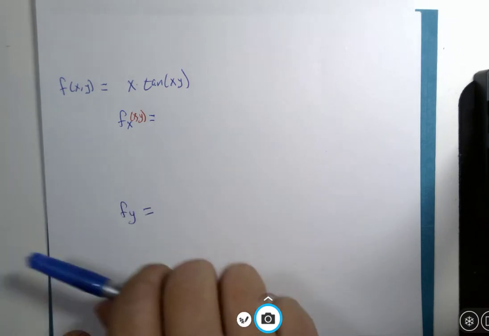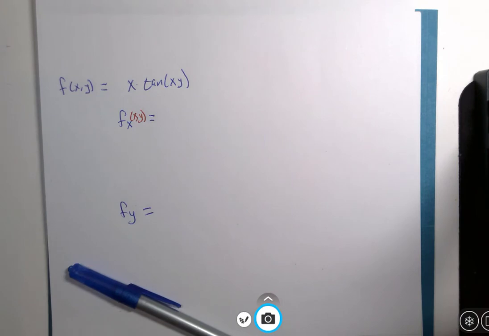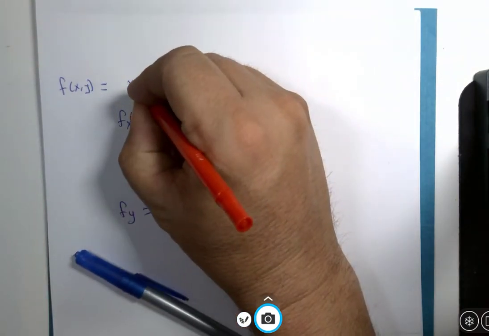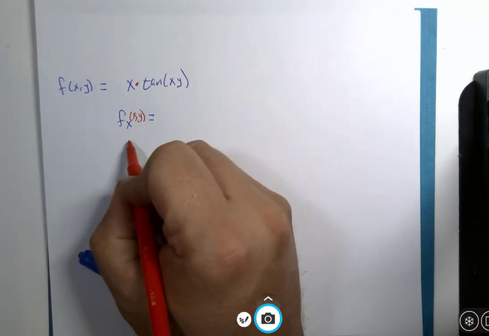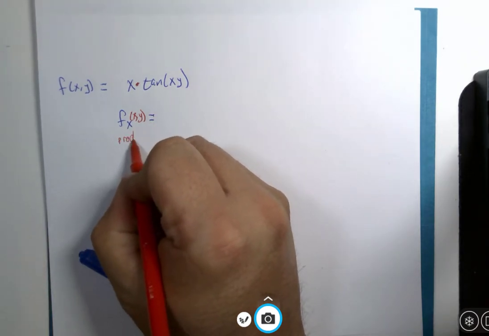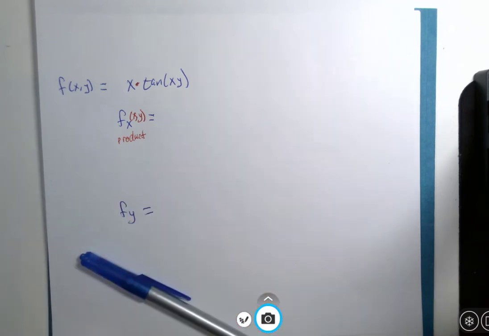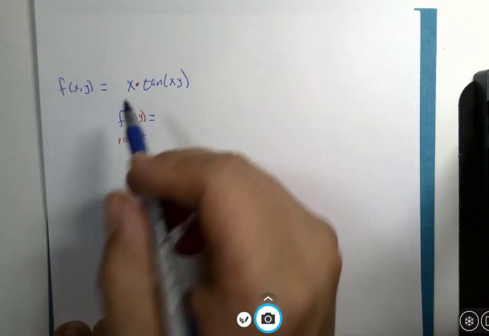If x is the variable, we have ourselves a situation. This has an x in it, and there's an x here. This is going to be a product rule. There's two parts of this expression that have x that are being multiplied together.